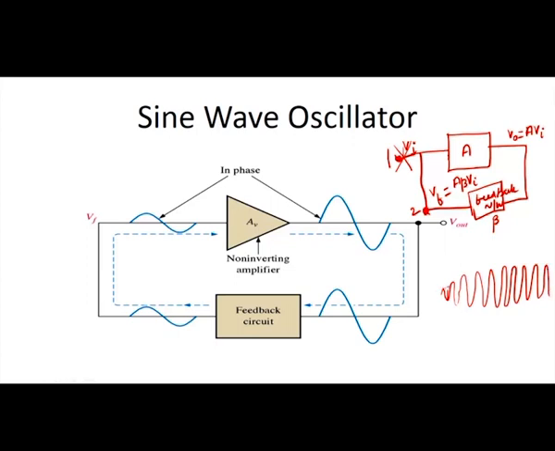So initially it starts with the noise signal and the amplitude grows, and then it becomes a sustained amplitude, because the amplitude will not go on increasing.